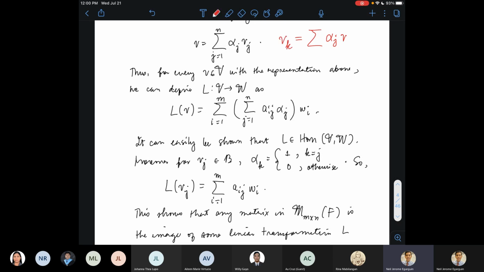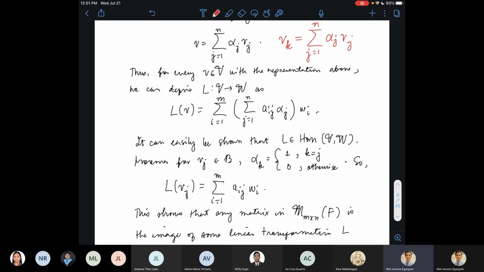Let's say Vk, alpha j Vj, j going from 1 to n. Yan yung basis expansion. Pero dahil si Vk ay isa dun sa mga basis element, so its expansion with respect to the basis I, yung coordinates niya ay puro zeros except for one element, which should be the unity, right? And that will happen when k is equal to j.